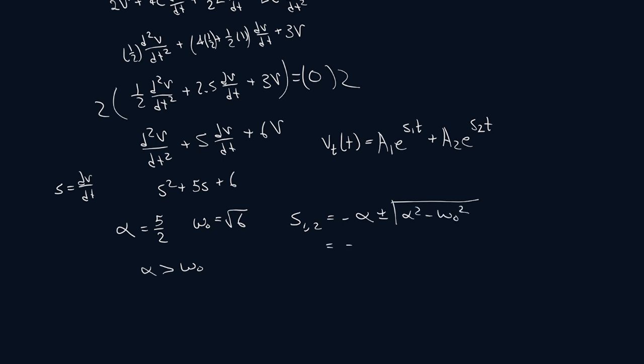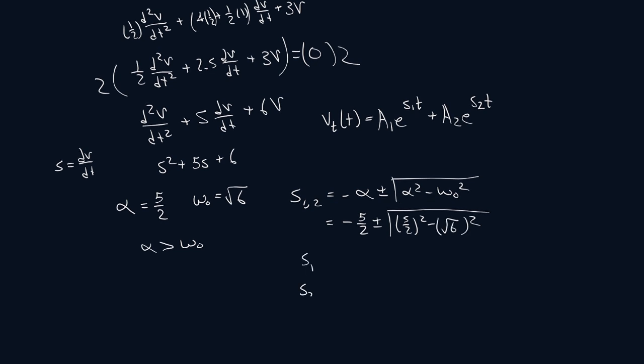So that's minus 5 over 2, okay, and we get the following values. So we get minus 2 and then minus 3.